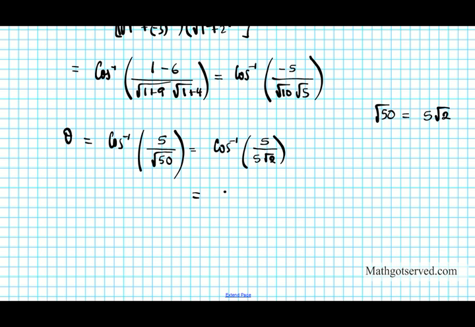Okay? And that reduces to the inverse cosine of 1 over root 2. All right? And we all know what the inverse cosine of 1 over root 2 is, right? It's basically pi over 4. All right, so that's basically what theta is. So it's pi over 4 radians, or same thing as 45 degrees.